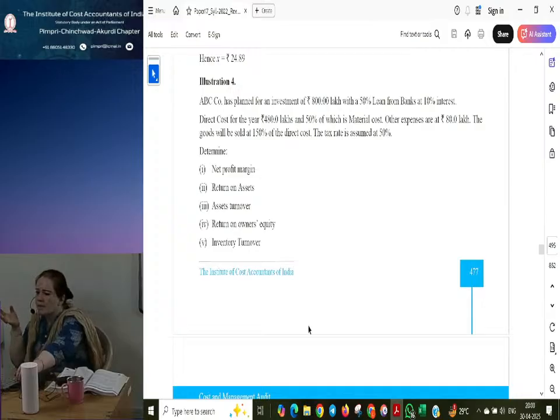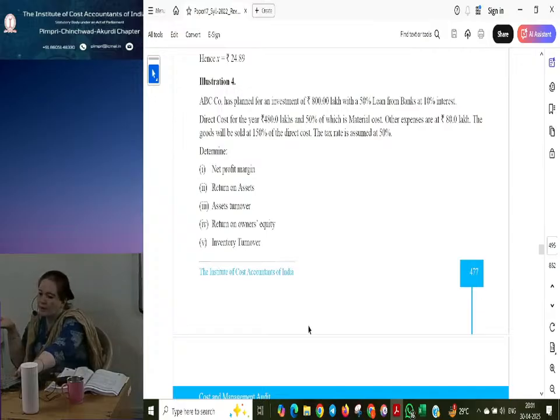Here, ABC company has planned an investment of rupees 800 lakhs, with a 50% loan from banks at 10% interest. So basically this is the debt and equity proportion they are talking about. Direct cost for the year is 480 lakhs, 50% of which is material cost.